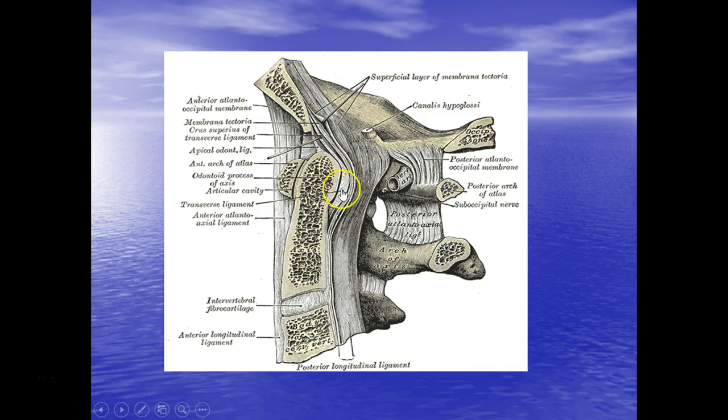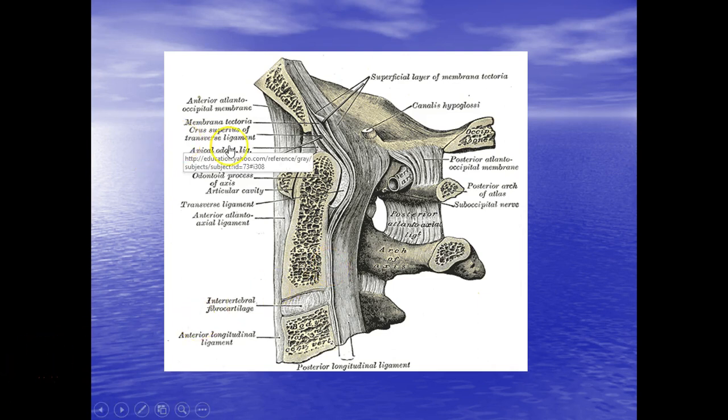This thick part is called the transverse ligament, but it also has vertical pieces which attach to it. The superior piece extends up to the basilar part of the occipital bone, and the inferior piece extends down and attaches onto the vertebral body of C2. And then posterior to the transverse ligament is the tectorial membrane, which is the continuation of the posterior longitudinal ligament, which is found lower down in the vertebral column.